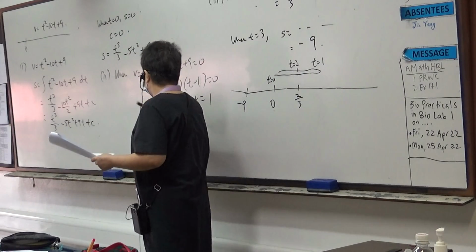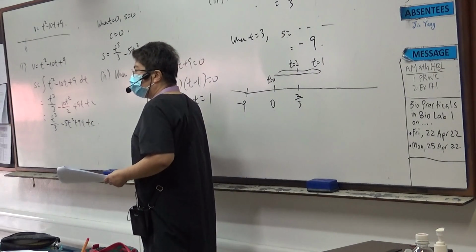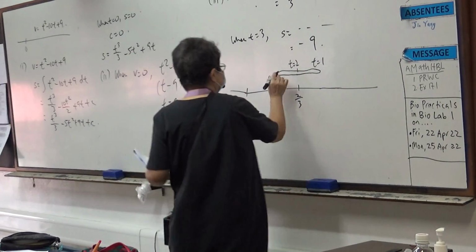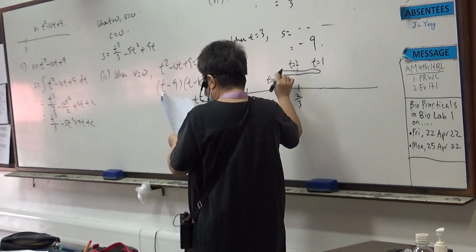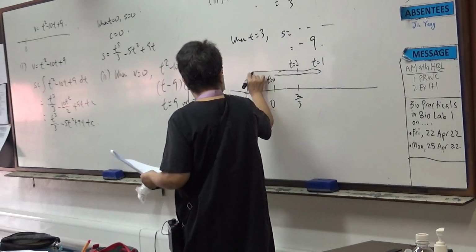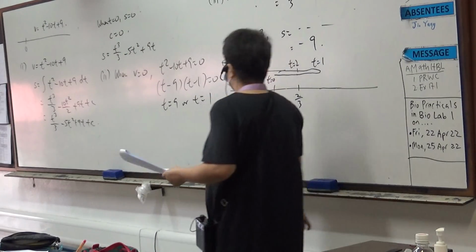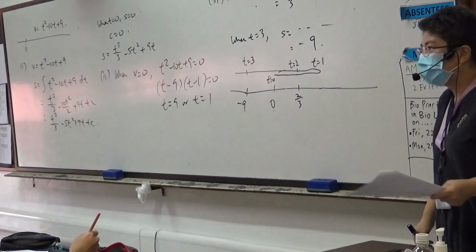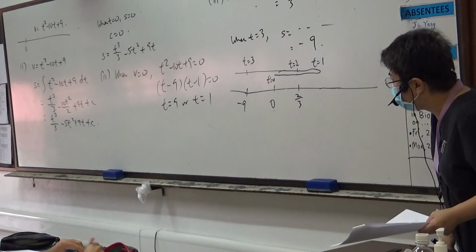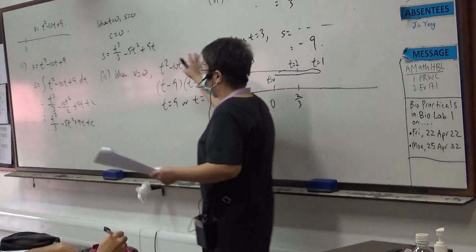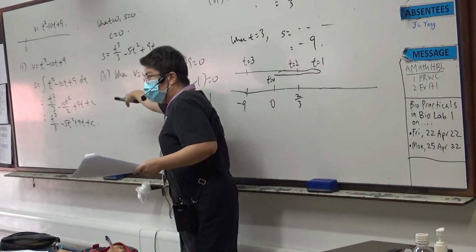When v equals 0, it will go, what's the type? 9, right? That means it will go on. This is when t equals 3, right? It will go to -9. Everybody okay? But the drawing is not to scale and -9 is further down. I don't care. You understand what I'm talking about?